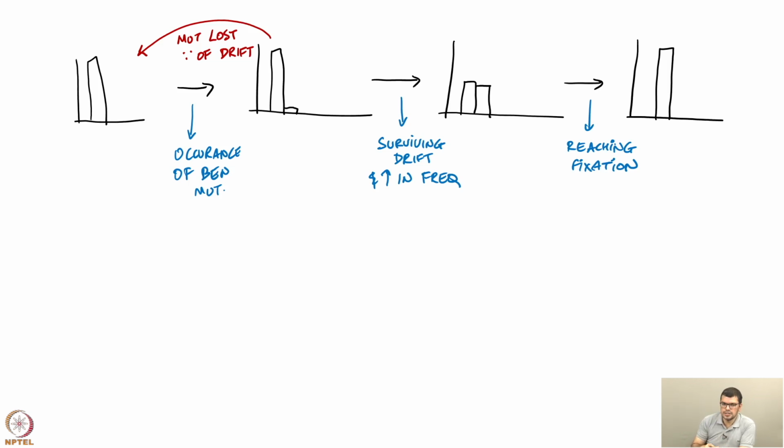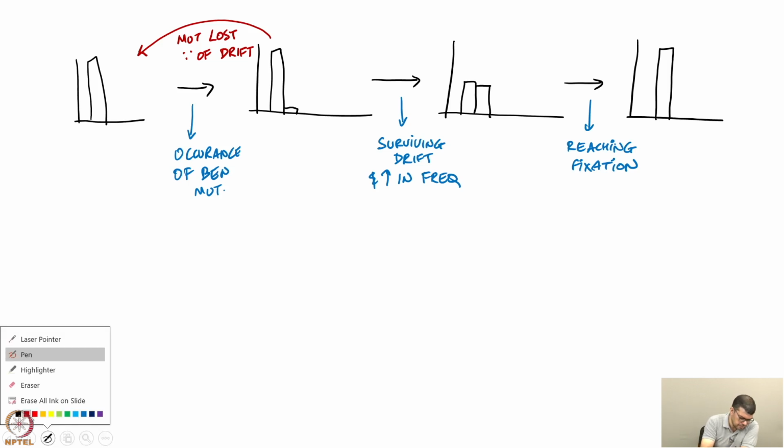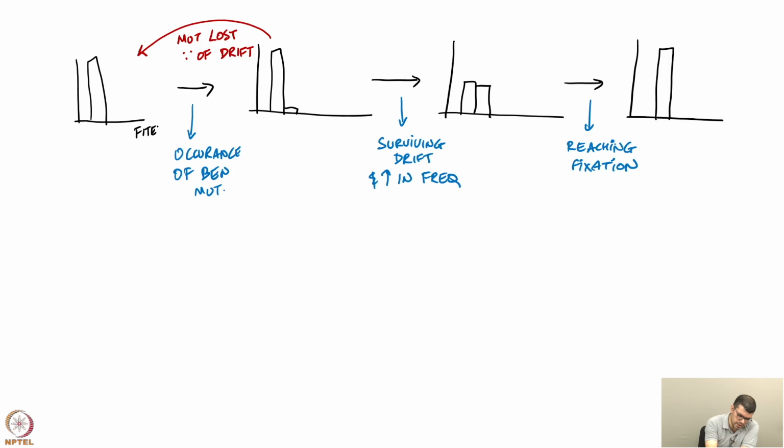And this is how change will take place. Now, we want to understand the 2 time constants which are associated with this particular process. The first time constant, in all of these graphs, obviously this x axis is fitness and y axis is simply number of individuals.